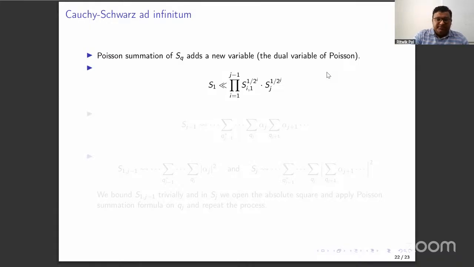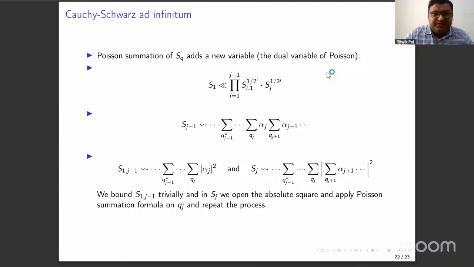In this new variable, you can see that in any Sj, j minus 1, there are j plus 1 number of q's, and along with that there is this coefficient alpha.